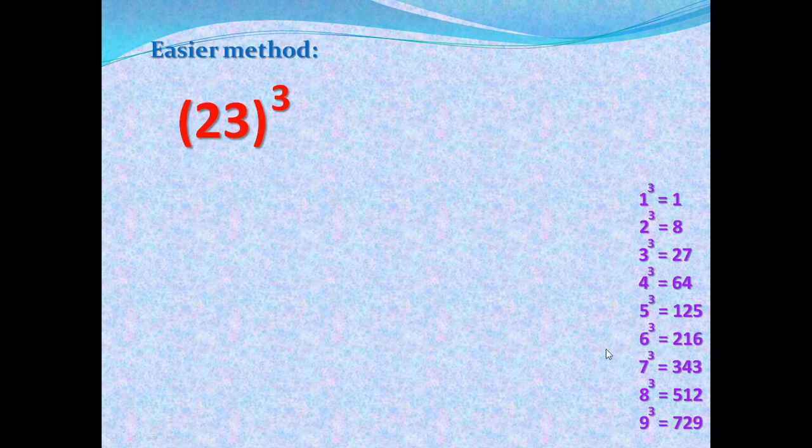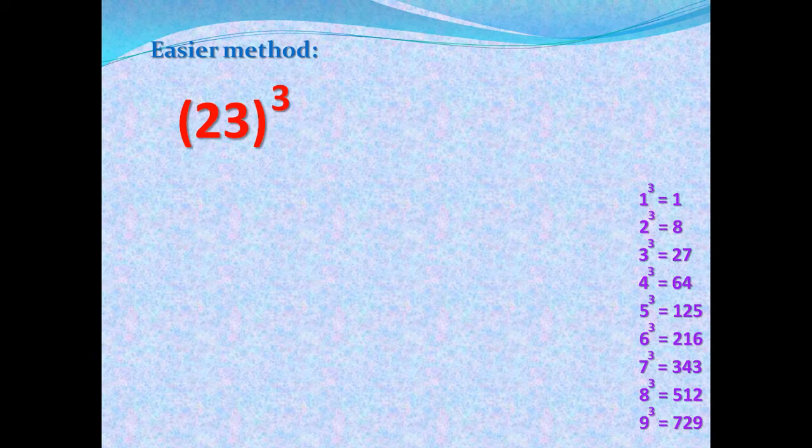So you need to remember these cubes of all these numbers from 1 to 9. You can pause the video and have a look at all these cubes. But before that, let's start with the method.